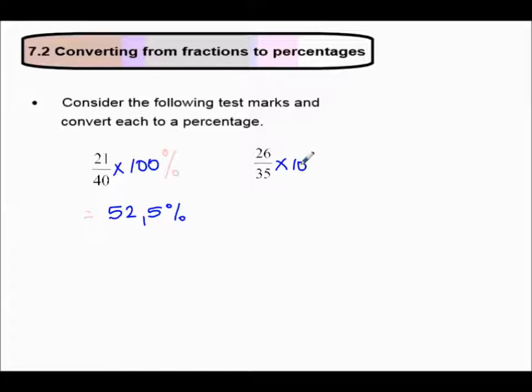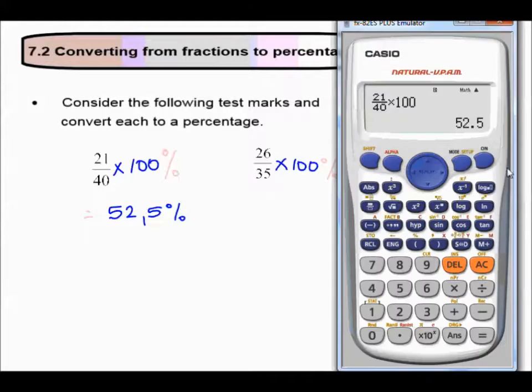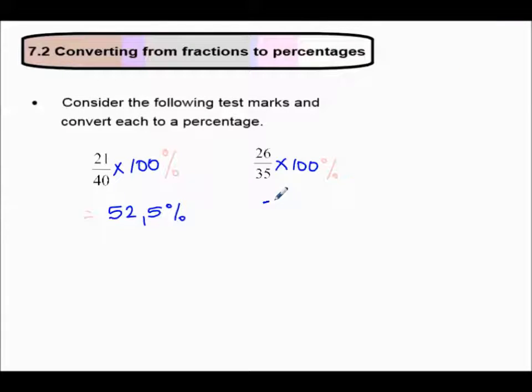So we multiply by 100%. 26 out of 35 multiplied by 100, no percentage sign, 74,2857. So that will equal 74,2857, and so on.